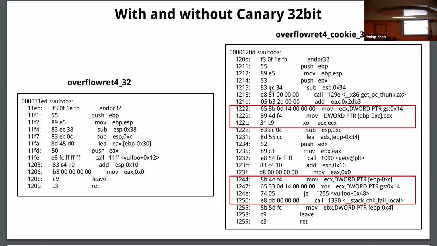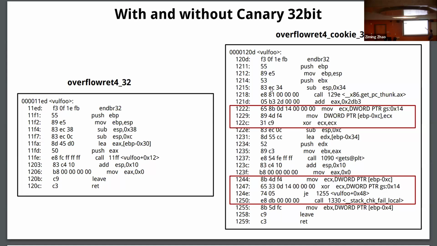So from the 14th offset in that memory location, we're moving 4 bytes to the register ECX. Then we move ECX to EBP minus C. Which means the address EBP minus C, those 4 bytes, is the stack canary.